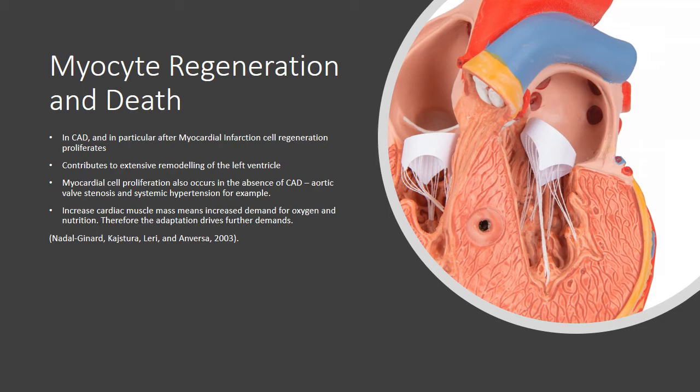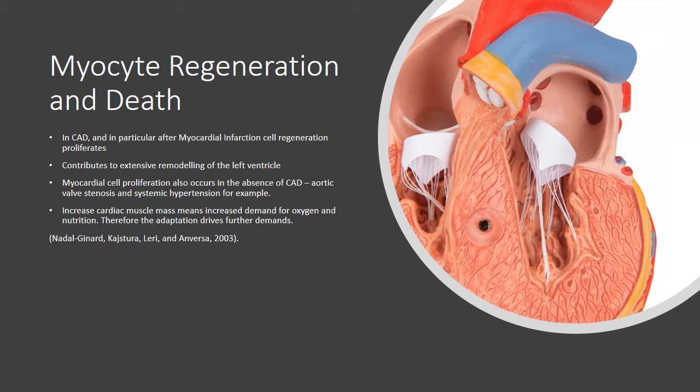So this leads to this extensive remodeling of the cardiac myocardium. So although this is an adaptation for an increased demand on the heart, actually this in itself means that the heart tissue has an increased demand for oxygen and nutrition. Therefore, adaptation drives further demands.